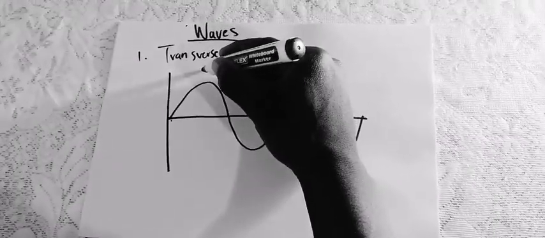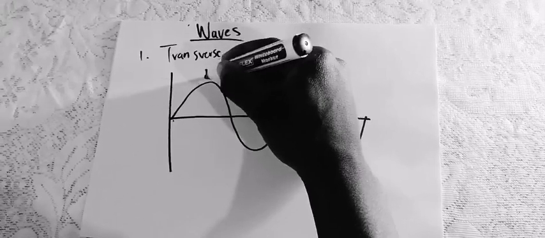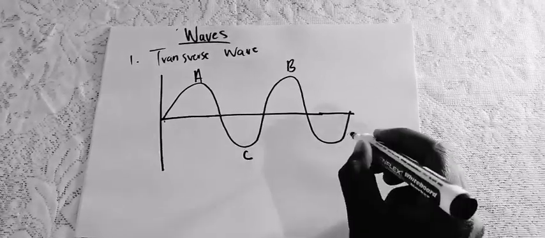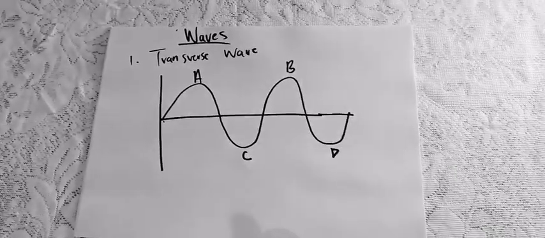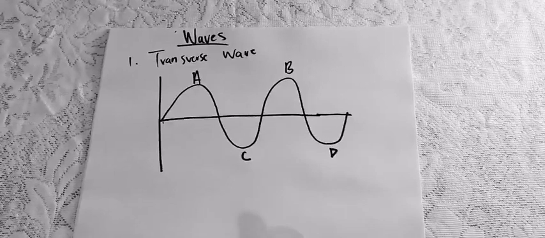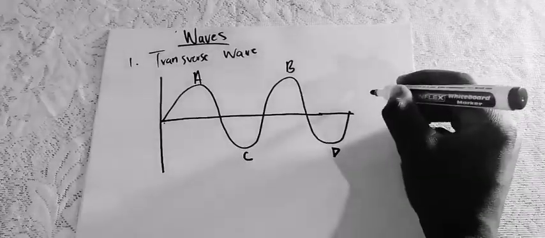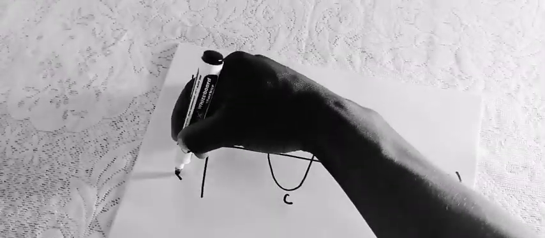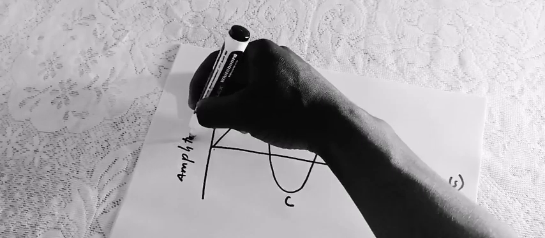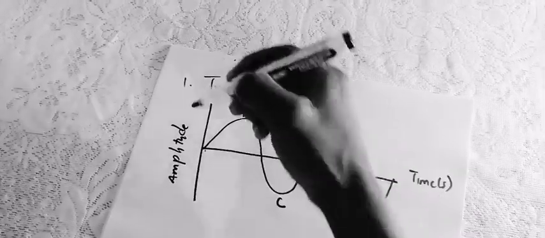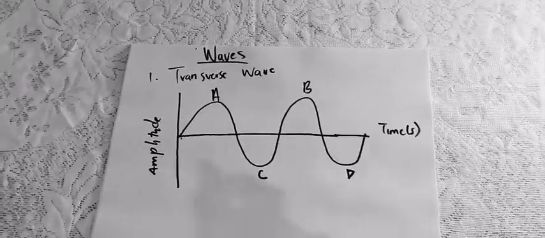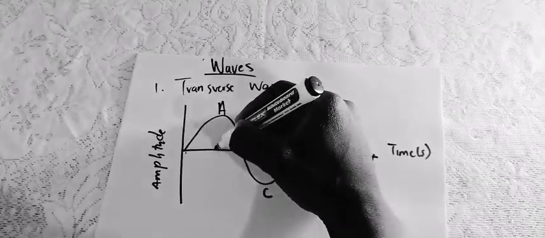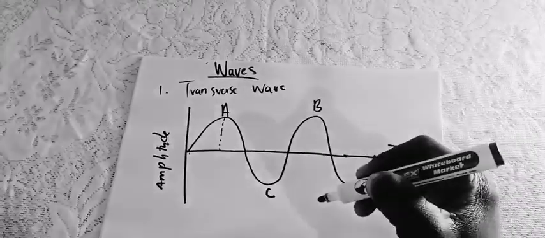So let me say this is point A. Here we have point B, point C, point D. This is time in seconds, and that is the amplitude of the wave. We did pulses in the previous part.